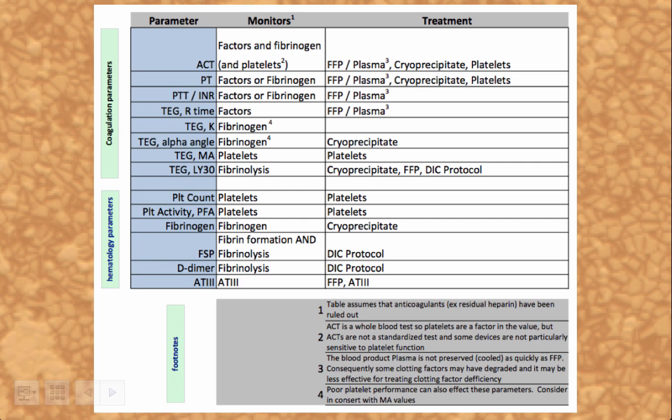It also identifies the coagulation variables that the tests will monitor and makes a suggestion for the blood product that may be chosen to treat abnormalities of the results of these tests. Pay special attention to the footnotes at the bottom of this table. You can pause the video now to study this, or you can download this table from the online classroom.